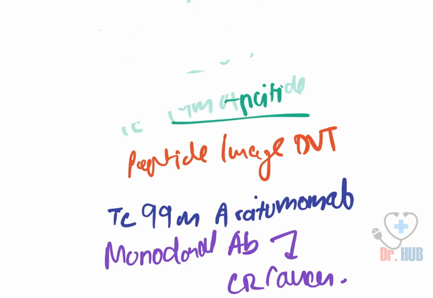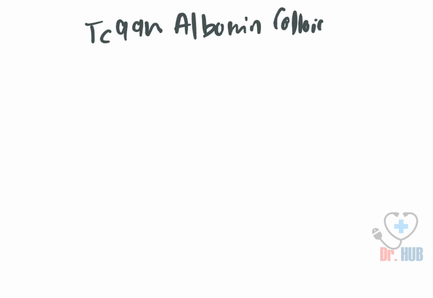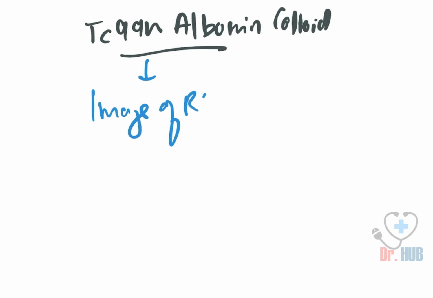Then we have the TC99M albumin colloid. TC99M albumin colloid is used for the imaging of the RES, that is the liver and the spleen.